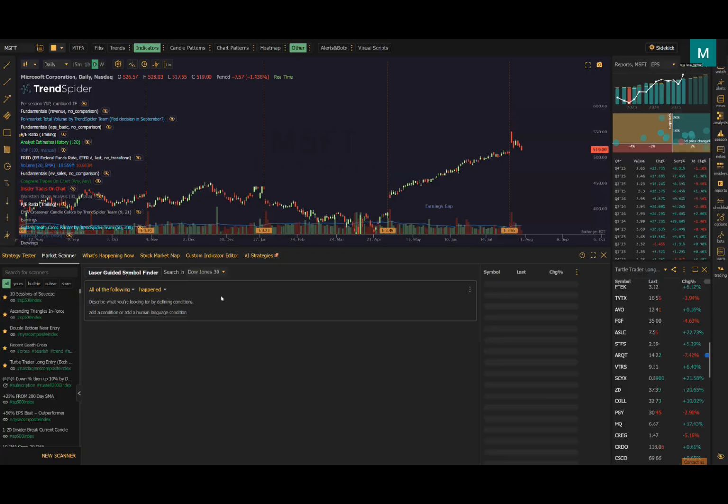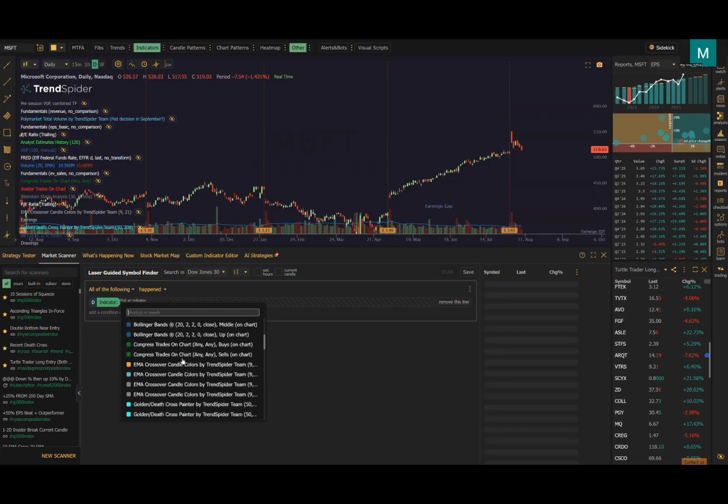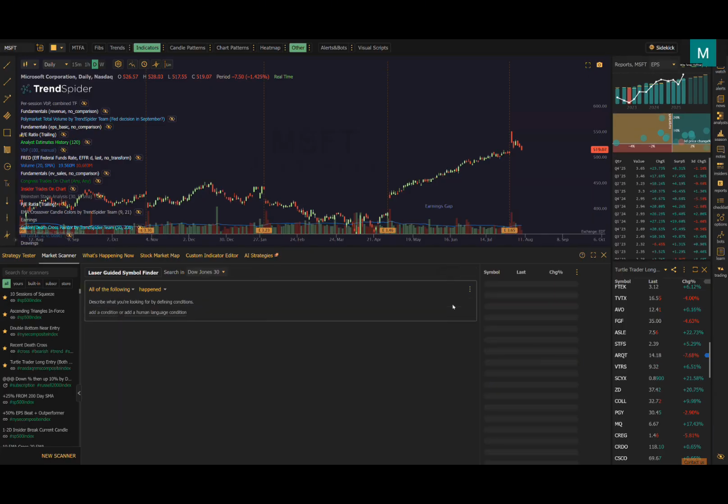TradingView's Pine Screener is cool, but to get anything out of the regular screener, you're kind of limited and you're going to have to code stuff, which obviously not everybody can do, especially PineScript, which is not really a universal language that everybody knows. But with us, you can just add these conditions. There's tons of them to add, and you don't need to know how to code anything. We call it visual scripting because it's visual. Basically, all these things right here just do the code in the back end for you.